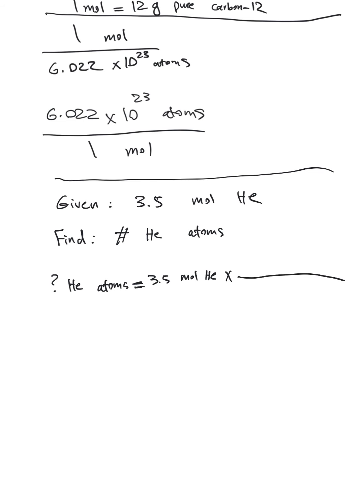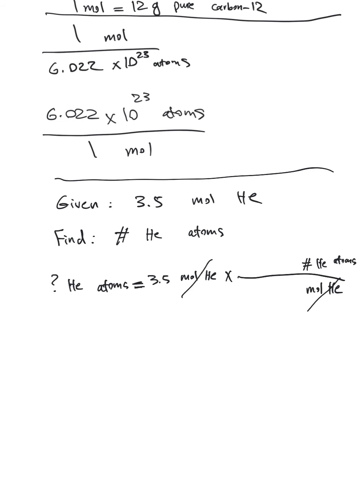Then you write a conversion factor so that you can find what you want to find. So here, if I write mole of helium, these 2 cross out, and then I can find the number of helium atoms.